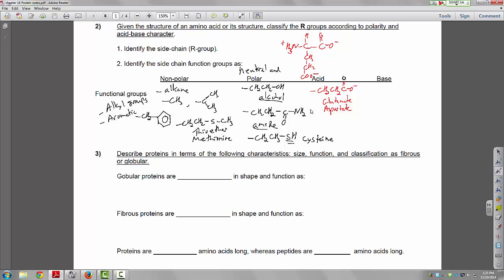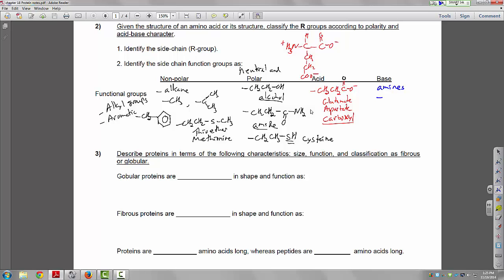The basic ones, these guys contain amines. Kind of goes without saying, but these guys contain a carboxyl group or carboxylic acid. The amines, there's 3 of those. There's arginine, lysine, and histidine that contain amines.